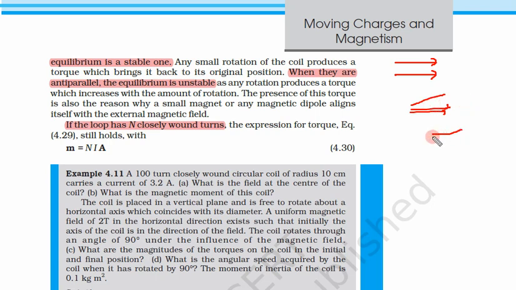But if the magnetic field is in this direction and the magnetic moment is in the opposite direction, initially there will be no torque. But if we disturb this only a little bit, it will try to come to its stable position, which is at theta equal to 0 degrees.